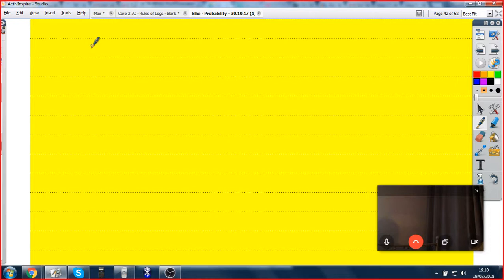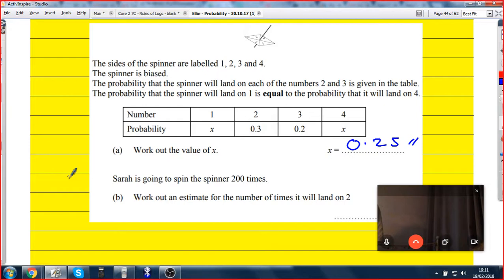So this one, how would you get an estimate for the number of times this lands on 2? So would you do 0.3 times 200? Yeah. Any idea how you do that? So it would be 3 out of 10.